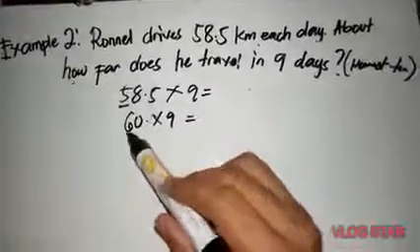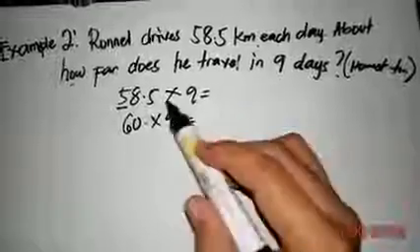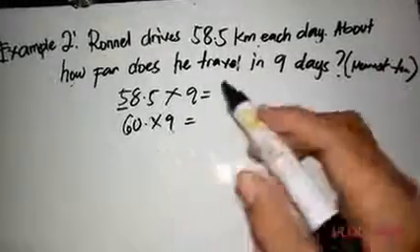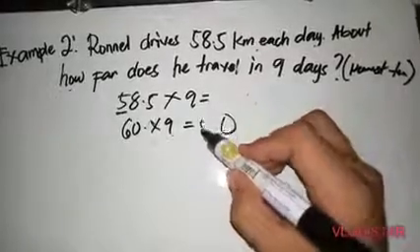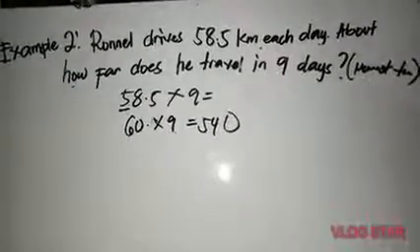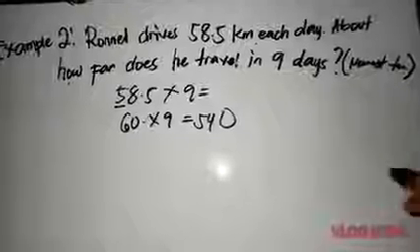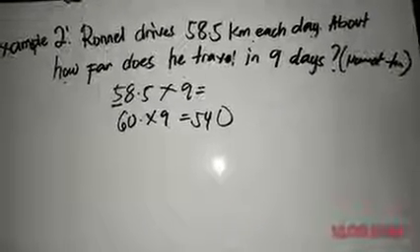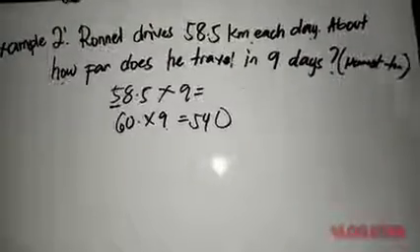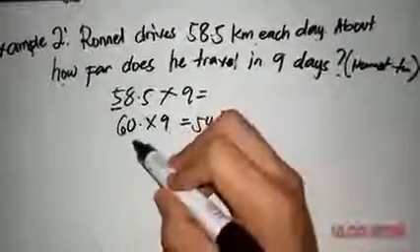If you multiply 60 times 9, 9 times 0 is 0, 9 times 6 is 54. So it means that Ronel travels about 540 kilometers in 9 days.